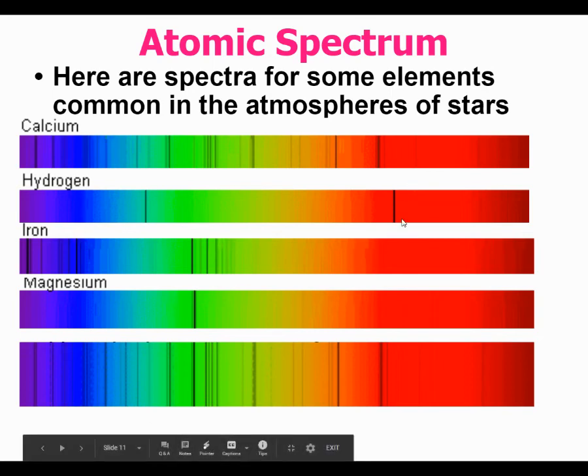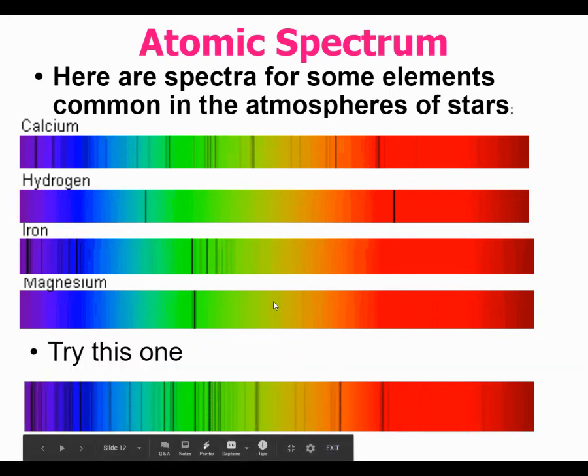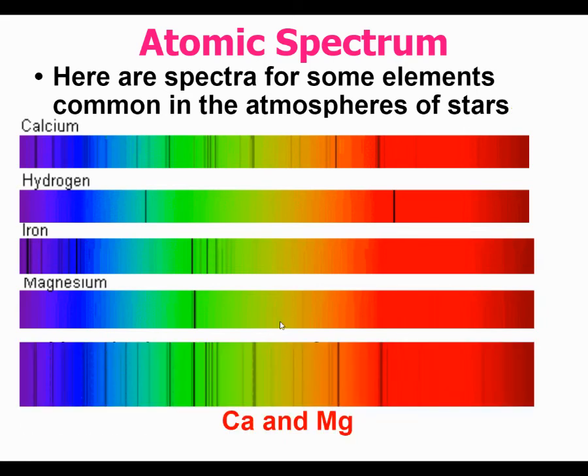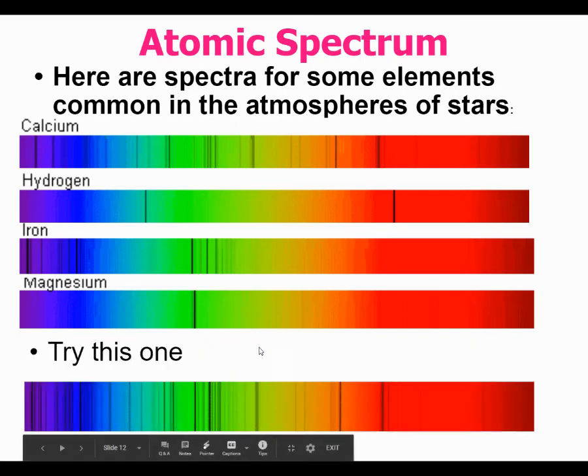See the darker lines? We don't see any hydrogen. There's not really iron either. We see the calcium, and we see the magnesium, especially because of that dark line.